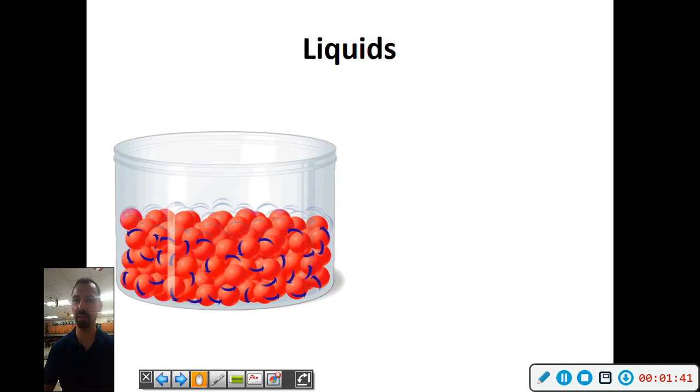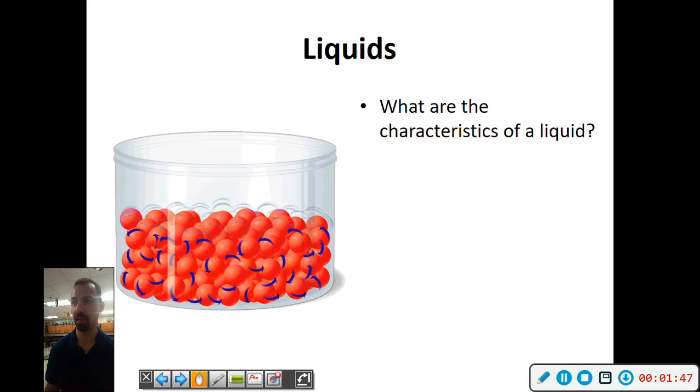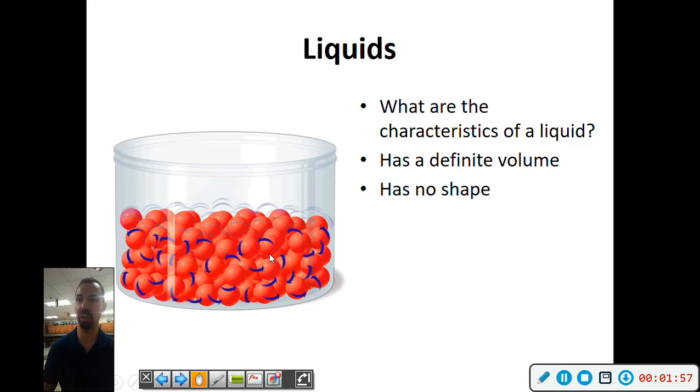Okay, liquids on the other hand, the particles in the liquids end up moving around. They can switch places. It does have a volume. However, it takes on the shape of the container. So it has no shape in general. If you just pour water on the ground, it's just going to flow all over the place.